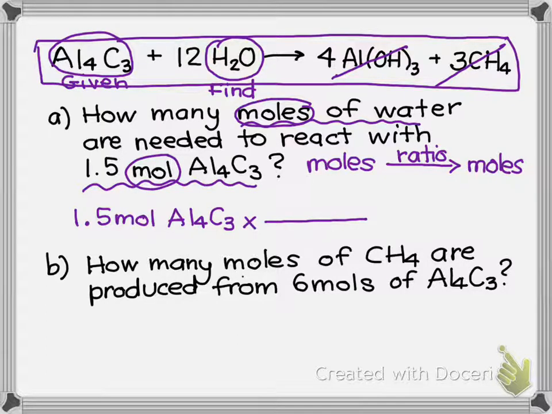Now, because aluminum carbide is what I was given, there's a 1 there, and that's what I was given. That will always go on the bottom because what we're given we want to cancel. And then there's a 12 here, so that will be the part of the ratio here.